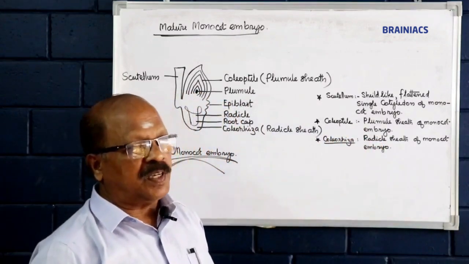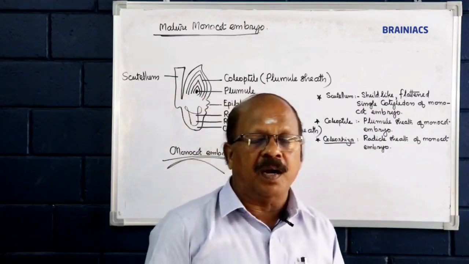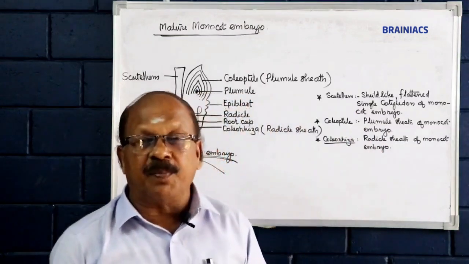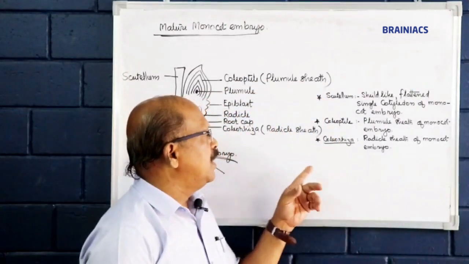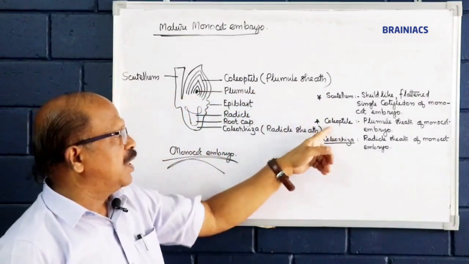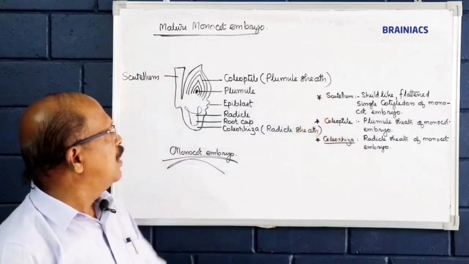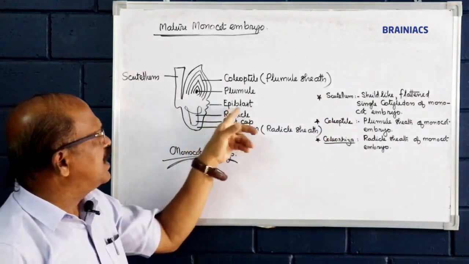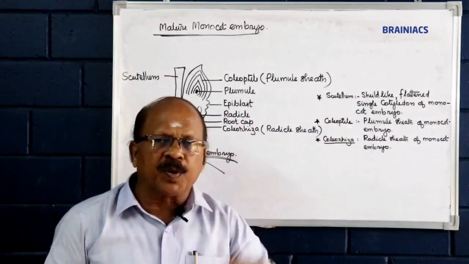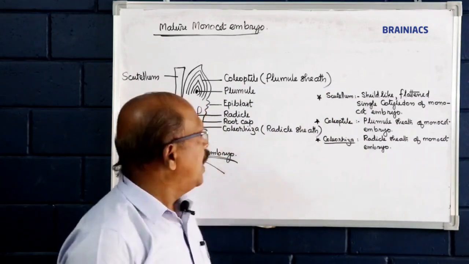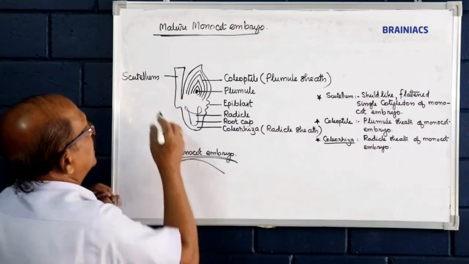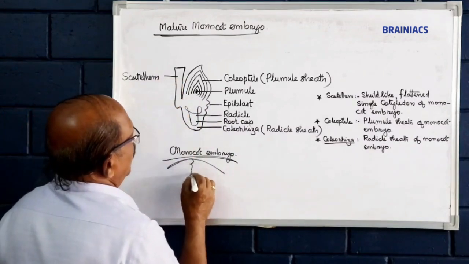Both plumule sheath and radicle sheath are distinctly present in the monocot embryo. So scutellum, coleorhiza, coleoptile, then epiblast is a small protrusion which becomes the leaf primordia. So that is about the monocot embryo.